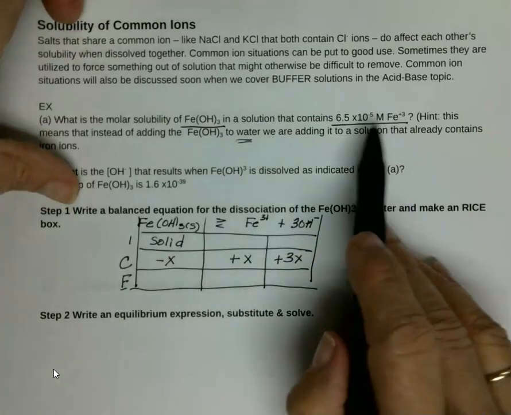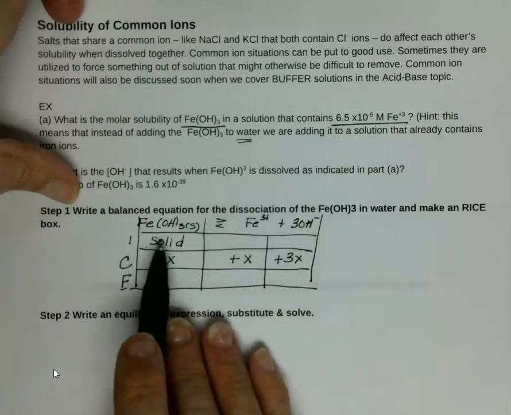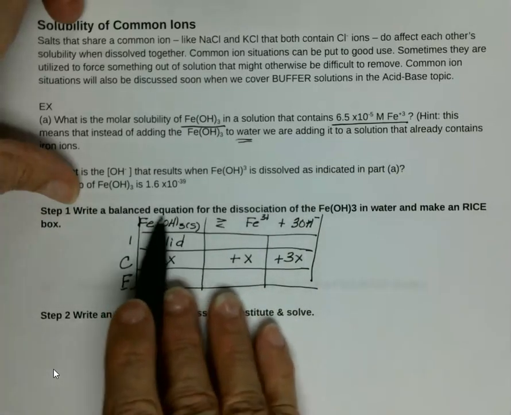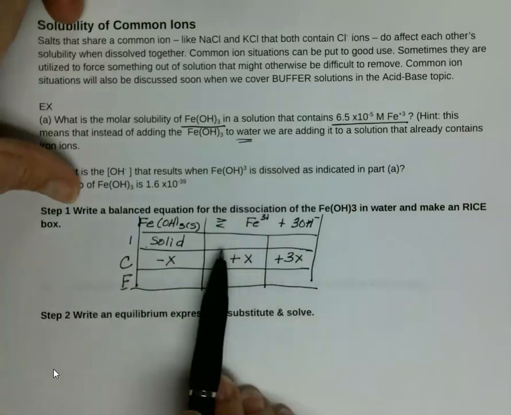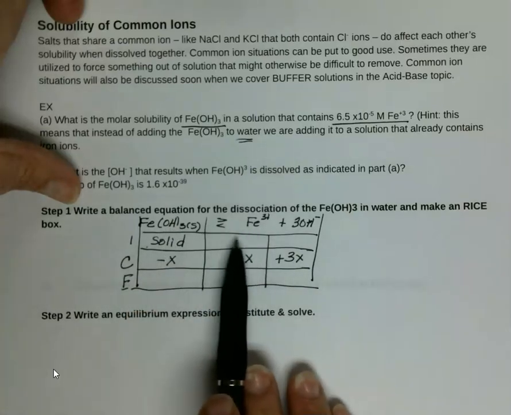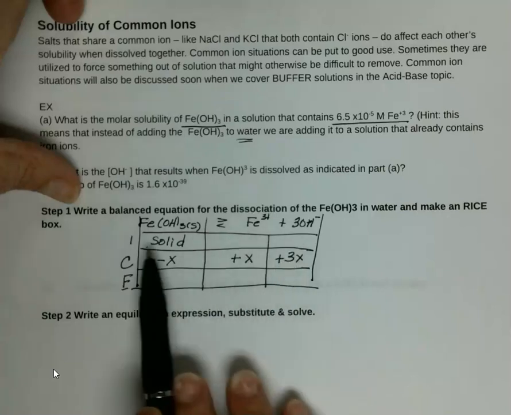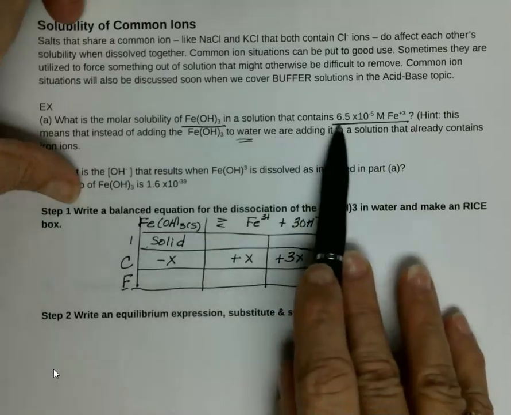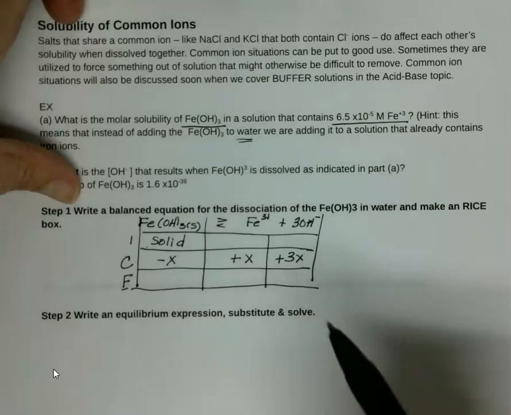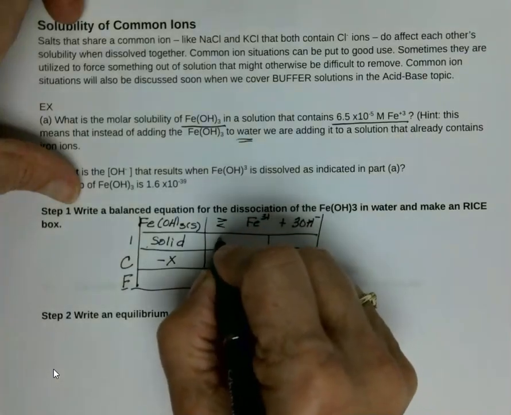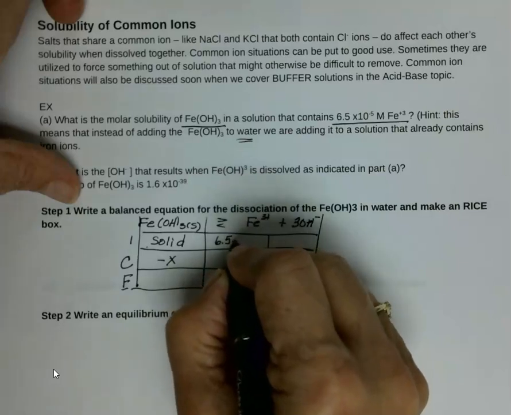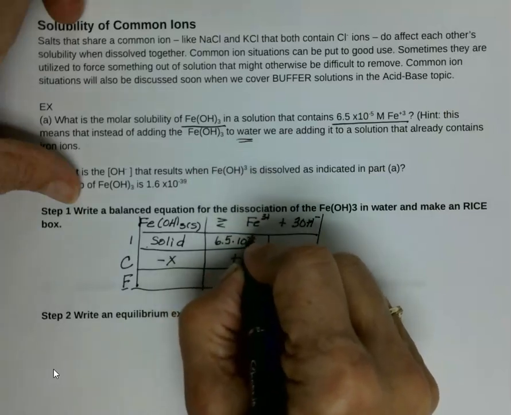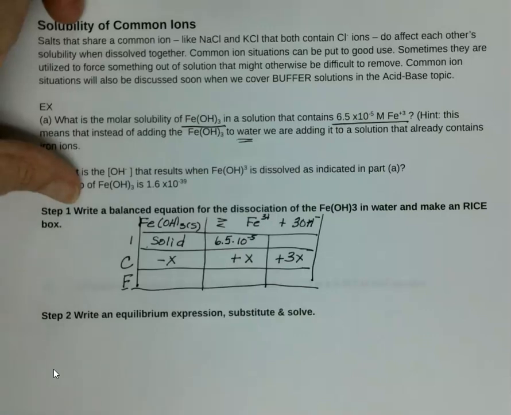What changes is, when we usually say, okay, if we have all of this as solid, we have not put it into water yet, this would be 0. But we're not putting it into water. We are putting it into this iron solution, and so this, in fact, does have some concentration to it, and it is 6.5 times 10 to the negative 5.